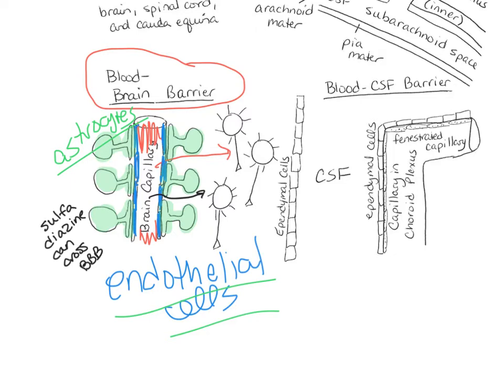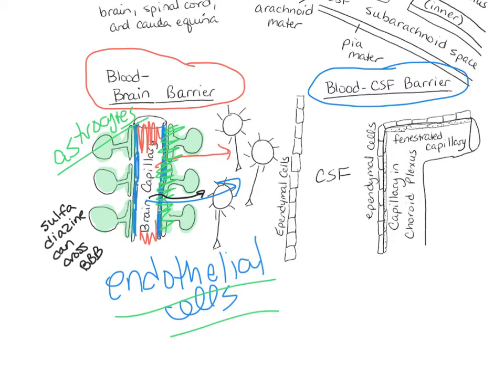A lot of times what has to happen in the brain in order for you to get medication from the blood into the brain, you have to wait until whatever disorder or disease, like meningitis, right, infection, breaks down that blood-brain barrier enough so that you can actually get medications across to heal and to kill off any of those bacteria.